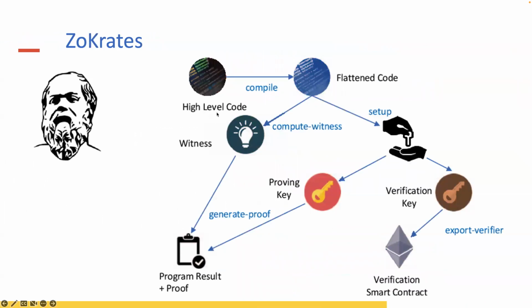So the first step, that I just showed a little bit earlier: before you do anything else, you have to tell Socrates what function you want to prove. You write a little bit of Python-ish code to represent the function you want to prove.